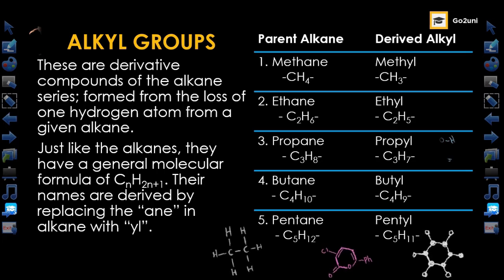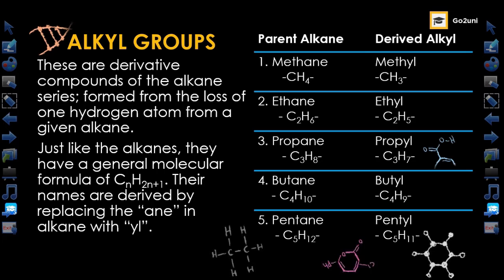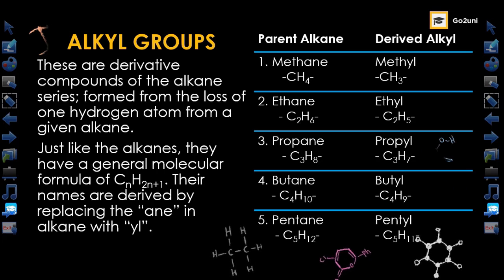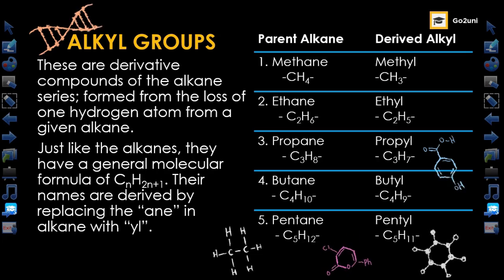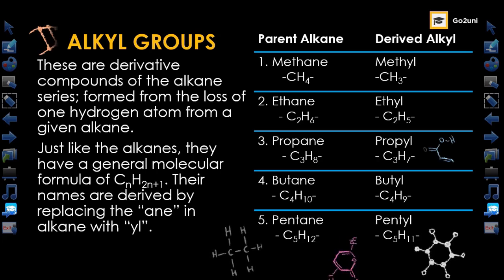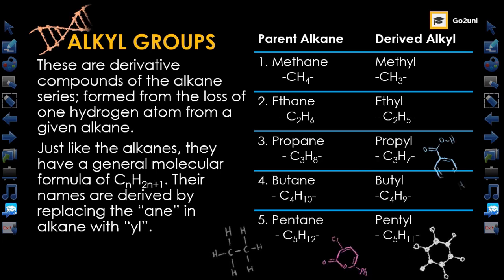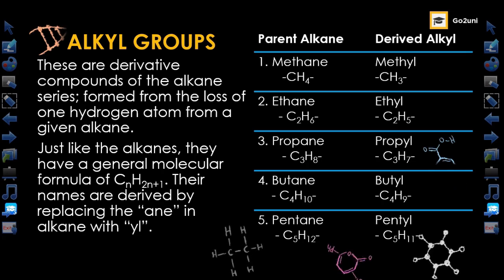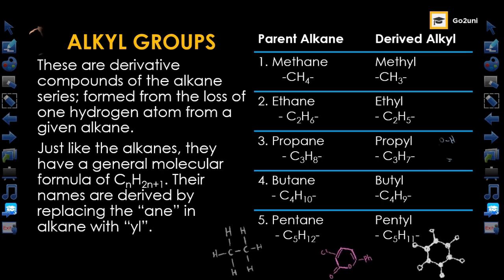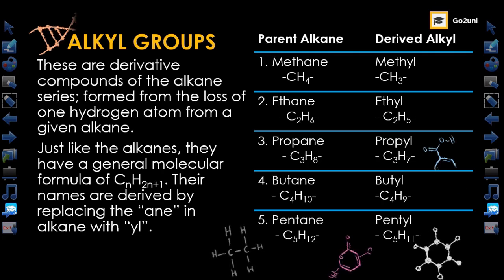To name an alkyl, we simply replace the A-N-E, the last three letters of alkanes, with Y-L, that is, yl. So, to name an alkyl, the ane in alkanes is replaced with yl.